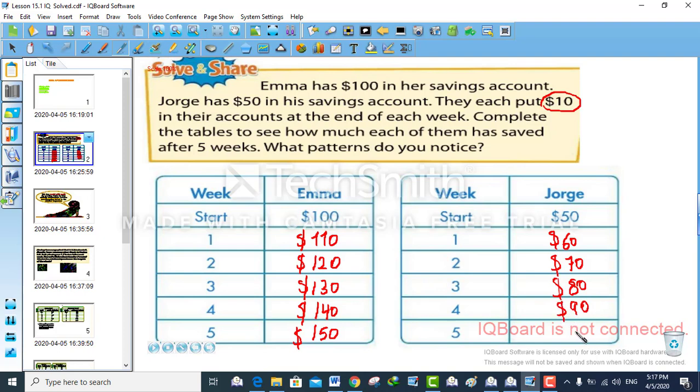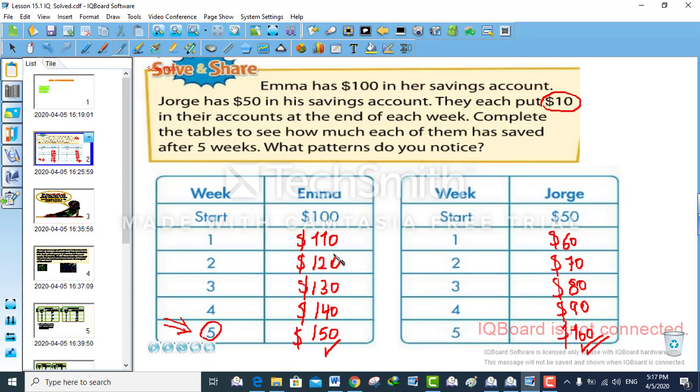Finally, it's going to be $100. As you see, at the end, in the 5th week, Emma has $150 and George has $100.